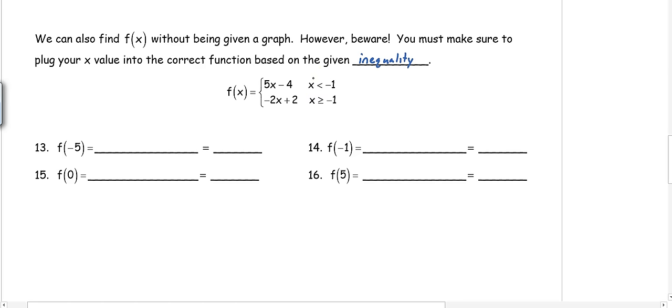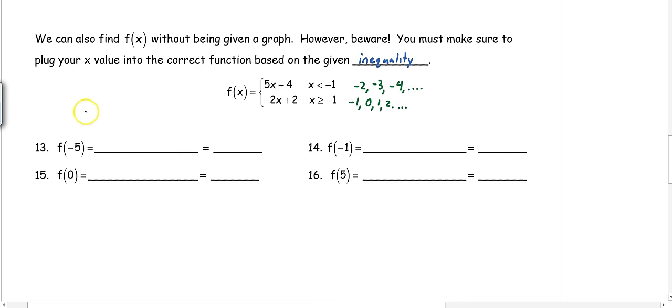So for example, -2, -3, -4, so on and so on. So all of our negative numbers that are less than -1 would work in that equation. The second equation is -2x plus 2 when x is greater than or equal to -1. Because it's greater than or equal to, this time we can use -1 and then numbers that are greater than it, 0, 1, 2, so on and so on.